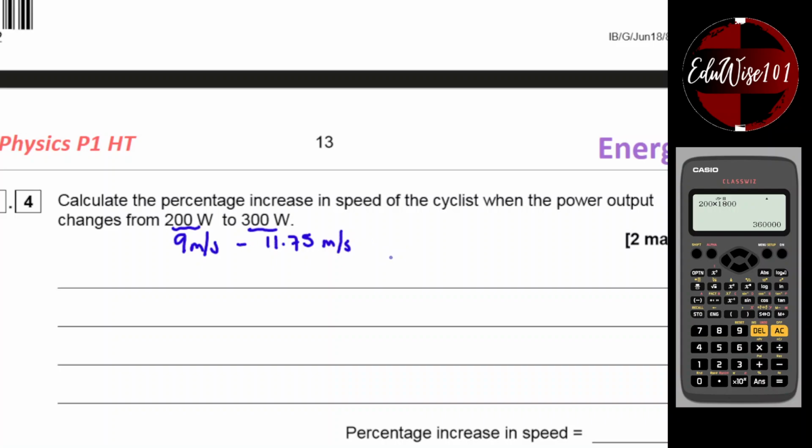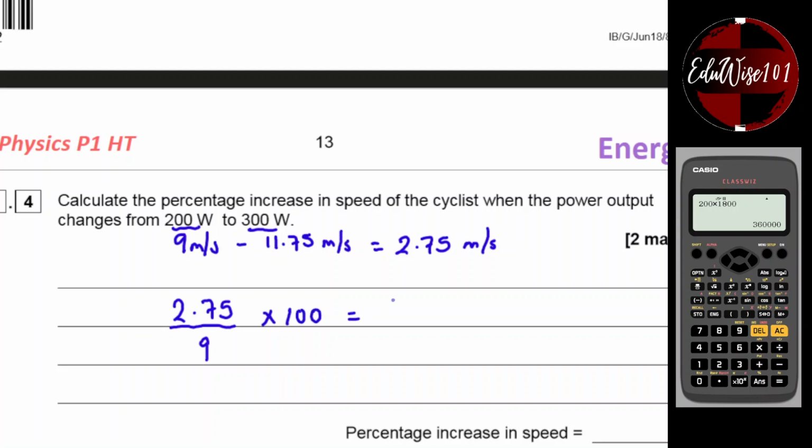If I take away, ignoring the negative value, I get 2.75 meters per second. It's gone up by 2.75 meters per second. So as a percentage, 2.75 divided by 9, multiplied by 100.